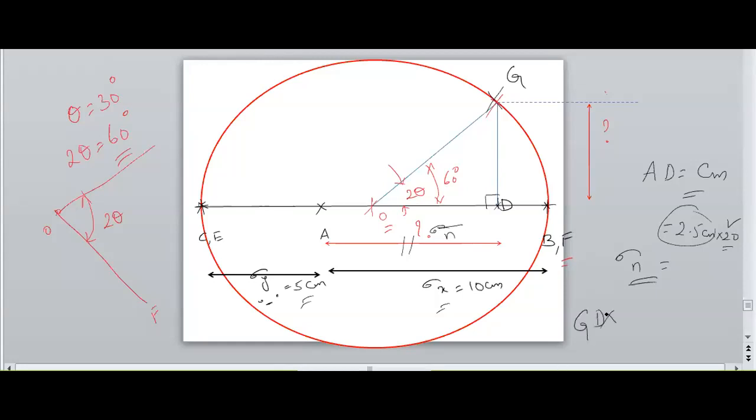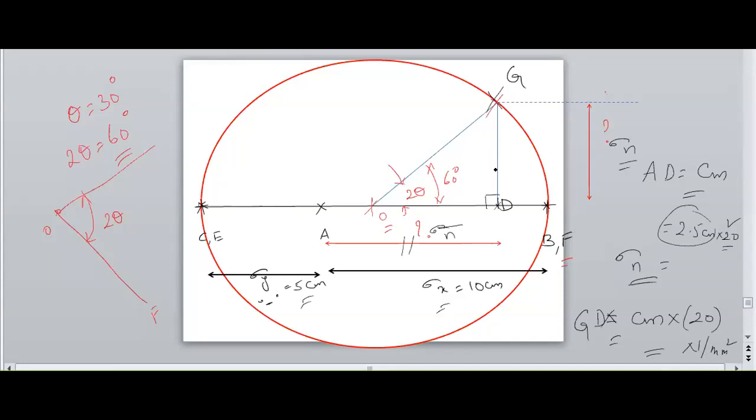If I measure the height of GD in centimeters, I need to multiply with the scale we have taken. Therefore, we'll get the answer in Newton per mm square. This is the normal stress on the oblique plane.